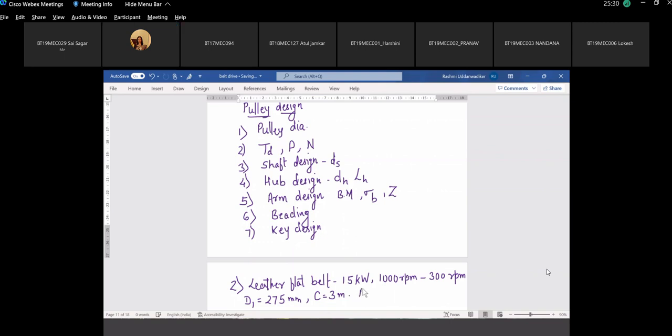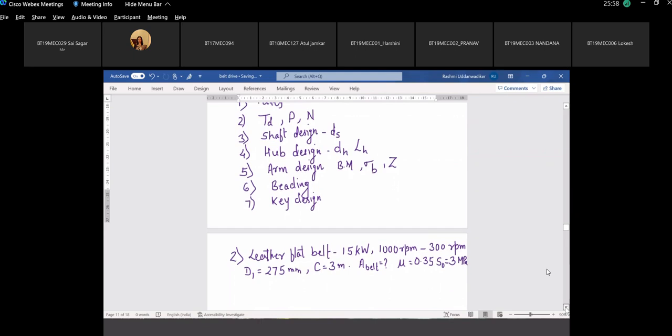Determine the cross-section area of the belt if the coefficient of friction between the belt and the pulley is given as 0.35. Strength of the belt material is given as 3 MPa. This is including the joint.